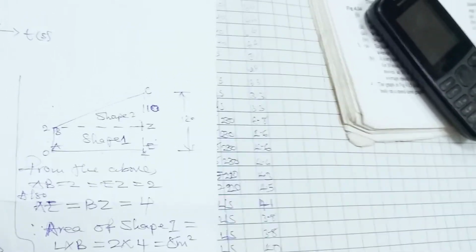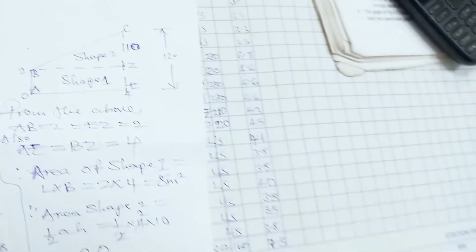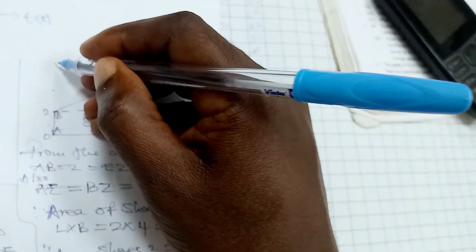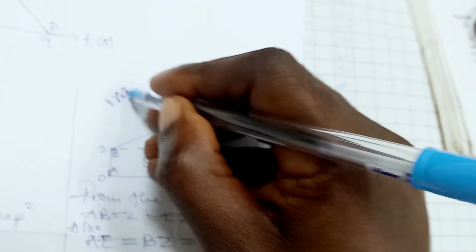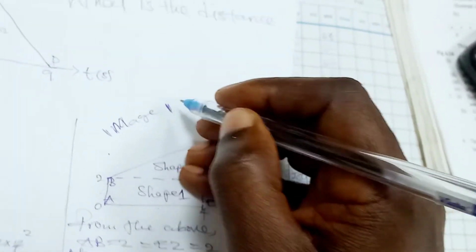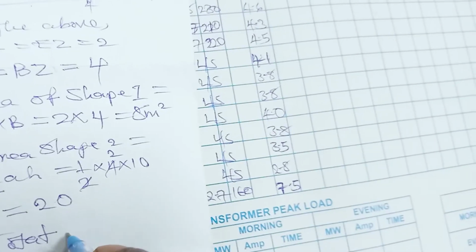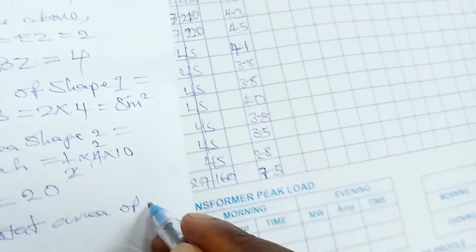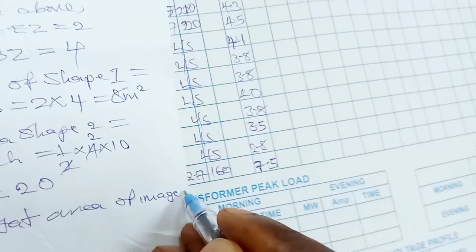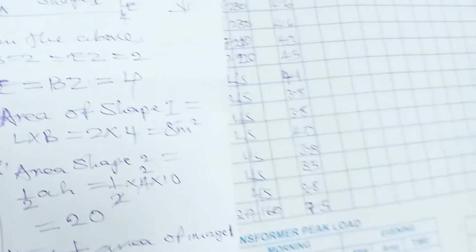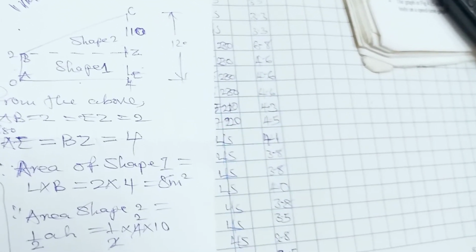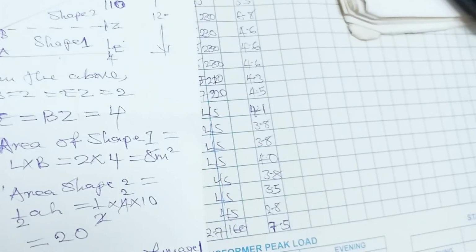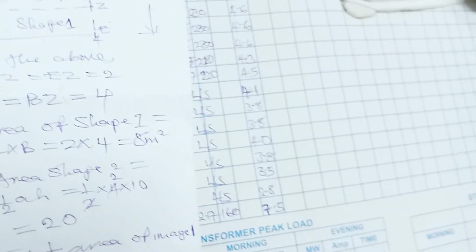The total area of the whole of this, total area of image 1, is equal to the area of shape 1 plus area of shape 2.